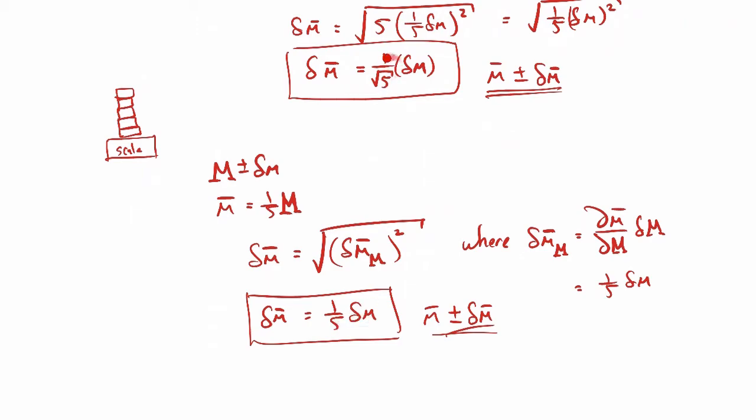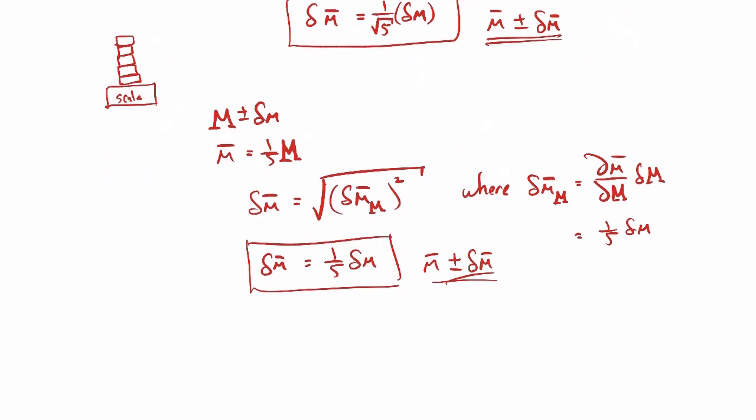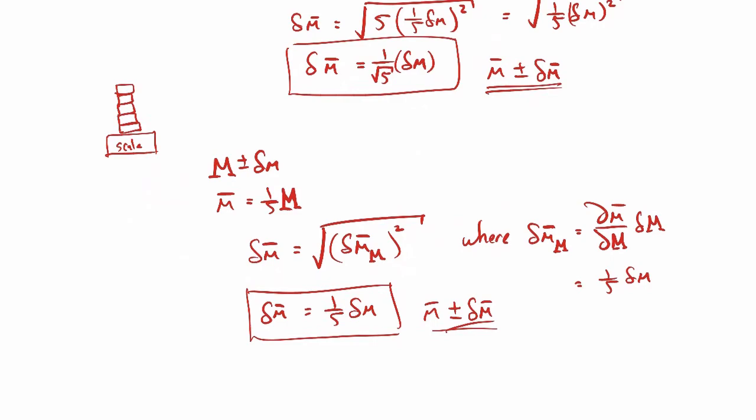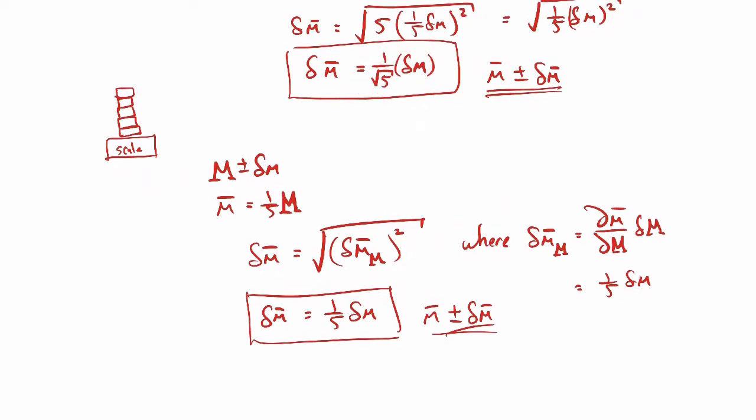Here it was 1 over the square root of 5. So this one actually has a smaller uncertainty to it, right? This has a bigger uncertainty, and this one has a smaller uncertainty. So we're better off using this second method where we stack all the pennies together, make our mass measurement, and divide it by 5, because our uncertainty there is actually going to be smaller than our uncertainty up here if we measure each one individually.